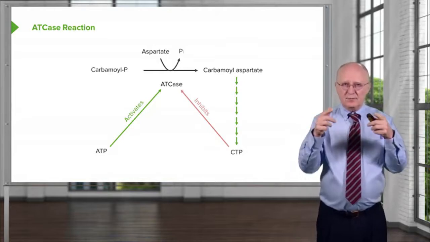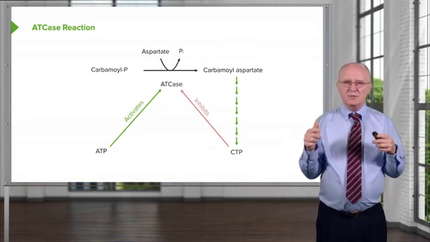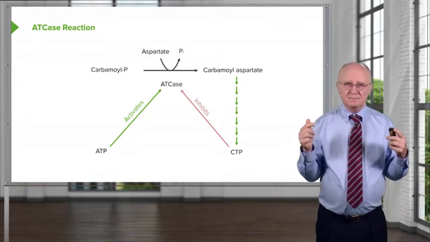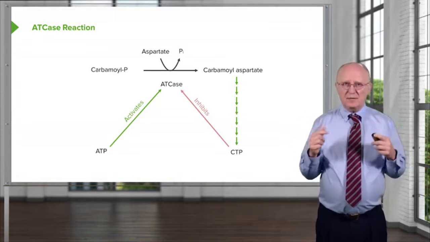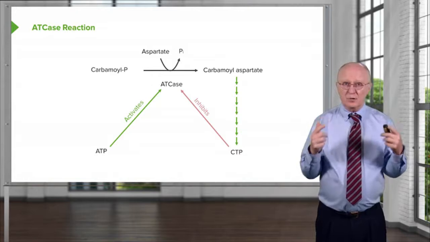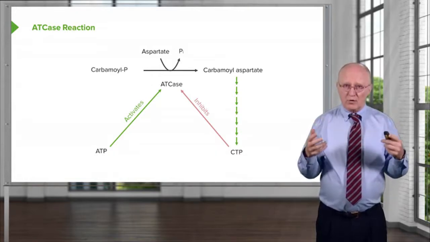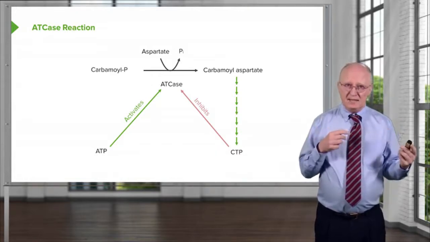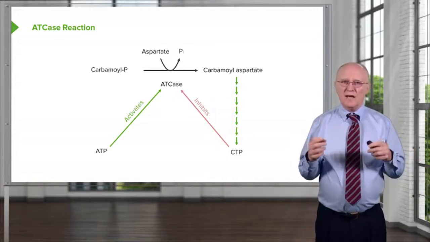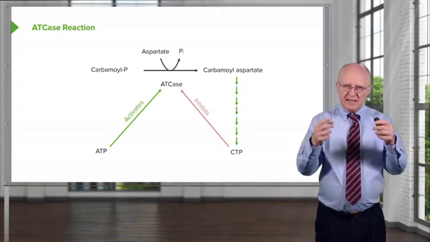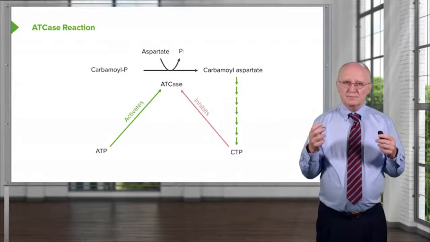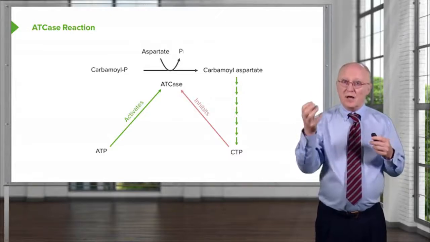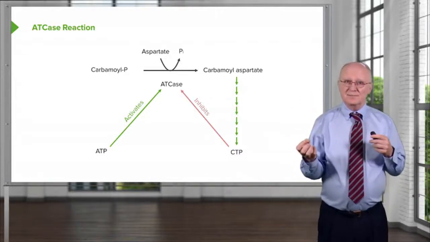So let's imagine, for example, we have a race that happens between CTP and ATP. The one that wins the race to the enzyme first affects the enzyme appropriately. So if we have more CTP than we have ATP, then CTP will more likely win the race. It will get to the ATCase and turn it off. Turns off synthesis of pyrimidine nucleotides.